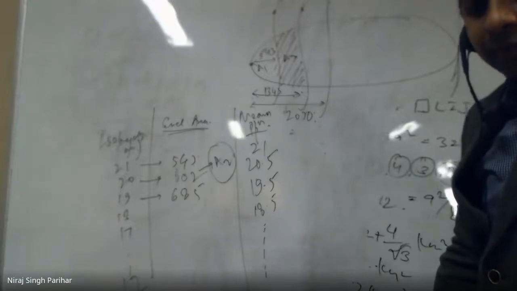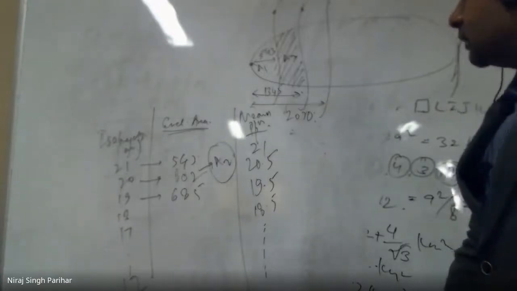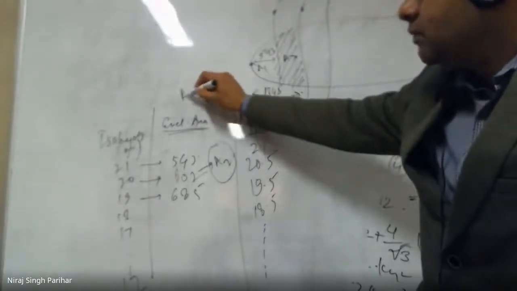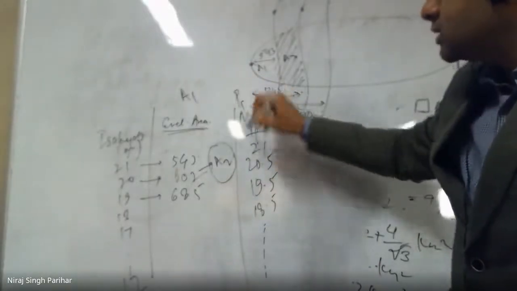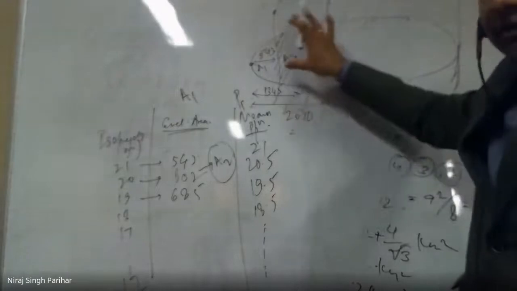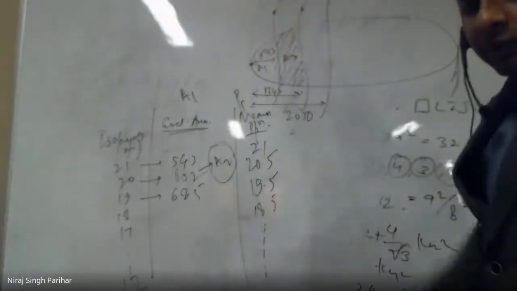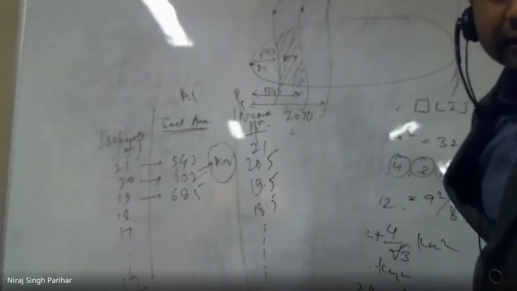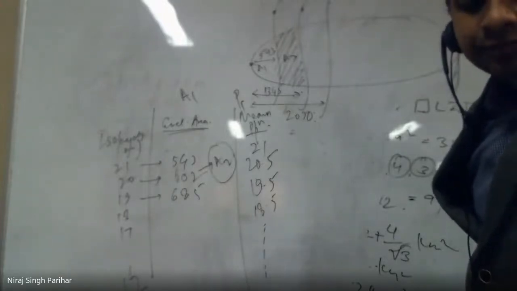All right. Anyone has got any problem? So here you have the A1 value, and this will be considered as your P1 value, which is the average value. Now you can apply the formula. P1A1 plus P2A2 plus P3A3, like that. Can you do this thing?